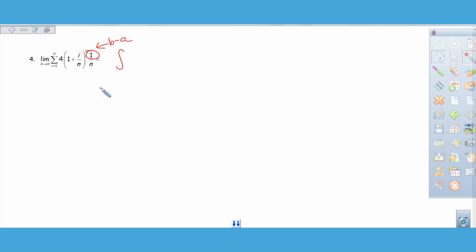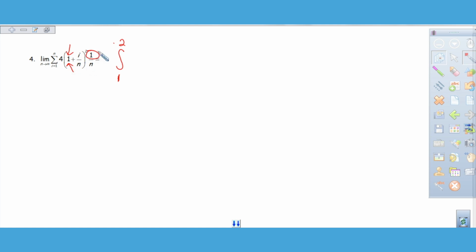All right? And where can I find a? It's going to be in the function, added to the i thing, added to the counter thing, right? So that is a. Oh, I just wrote a instead of 1. So 1 is a. If b minus a is 1, that means b is 1 away. b would have to be 2. So I got my a by looking at what's added to the i thing in the parentheses in the function.